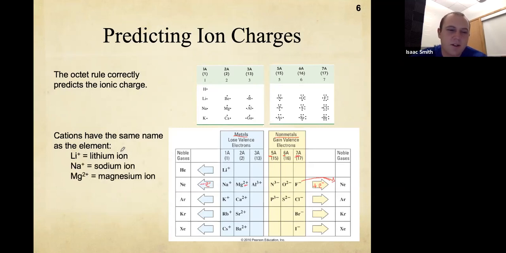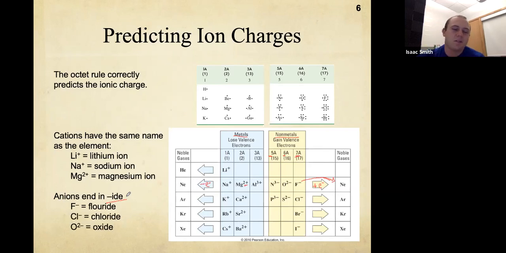Sodium is sodium, and on and on. Anions, like we talked about in the first quiz, they actually gain the IDE ending, okay? So fluorine would turn into fluoride, or chlorine into chloride, or oxygen into oxide, okay? So because they have the negative charge, their name gets changed.